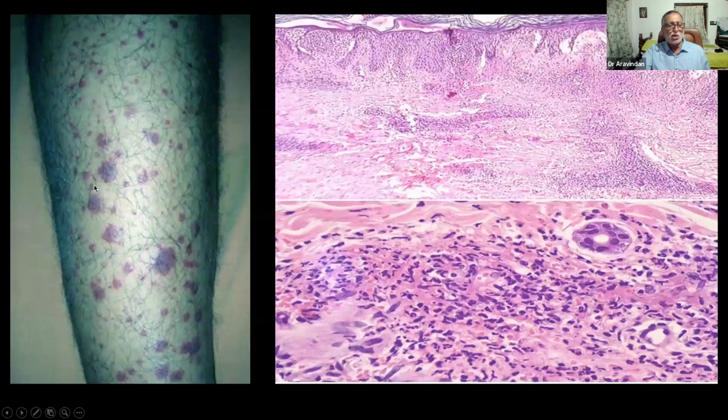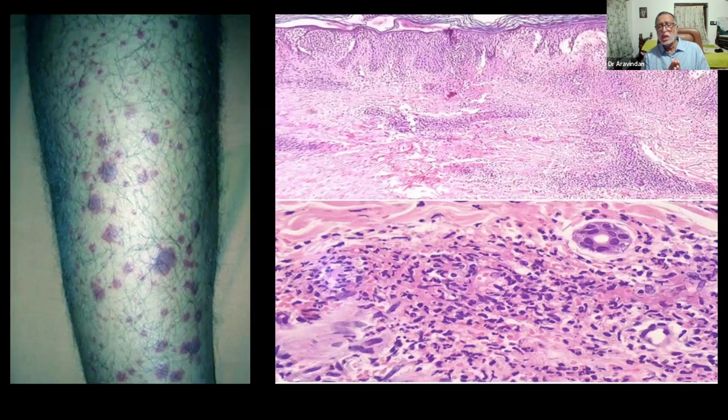Typically, this is a lesion known as palpable purpura. When you do a biopsy, you find neutrophils as well as nuclear dust, which is typical, and this is called leukocytoclastic vasculitis. When you find a lesion like this, you do a direct immunofluorescence to see what kind of antibody is deposited there.